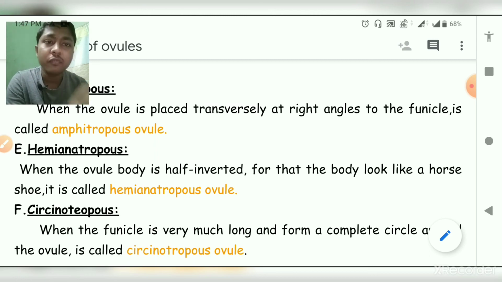I hope you see all the pictures very clearly, and if you compare this picture with the others, one thing is very clear: the funicle is much longer than in the others, and the funicle forms a circle around the ovule, and that's the reason it is called sarcinotropous ovule.